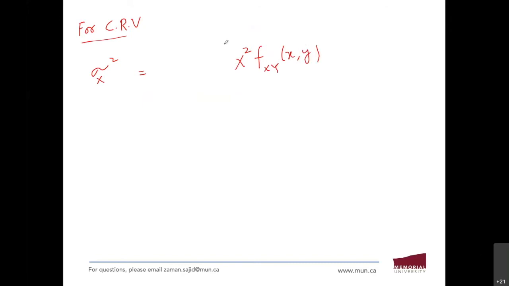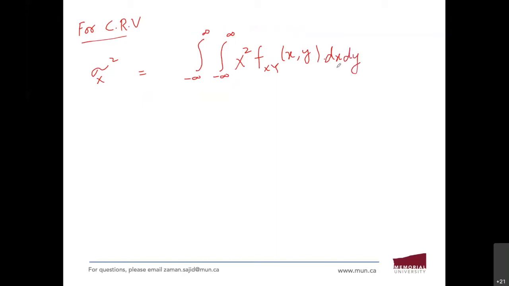And now I take the integral here because I'm talking about the continuous random variable. Integral from minus infinity to plus infinity, minus infinity to plus infinity. And the first inside integral will be for x, and the outer integral is integrated for y.